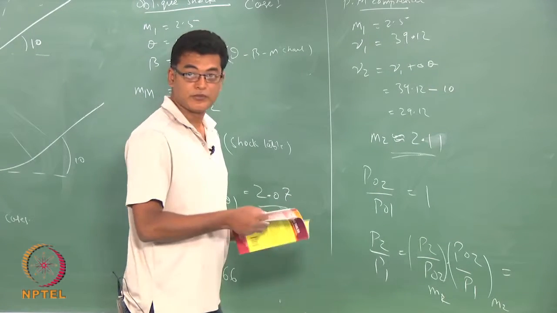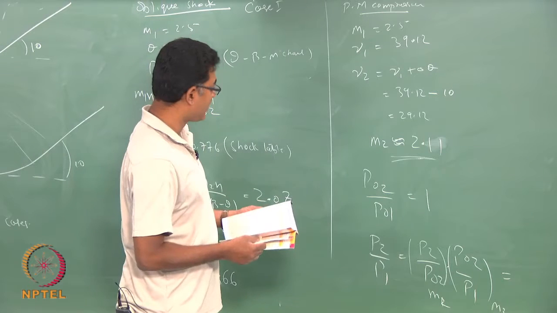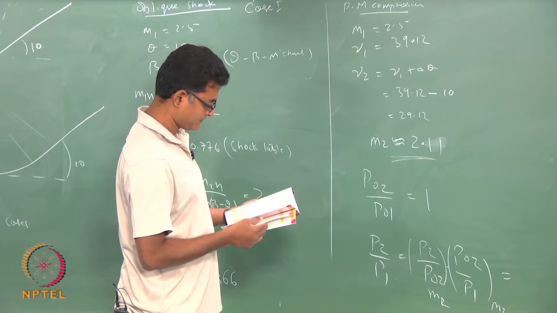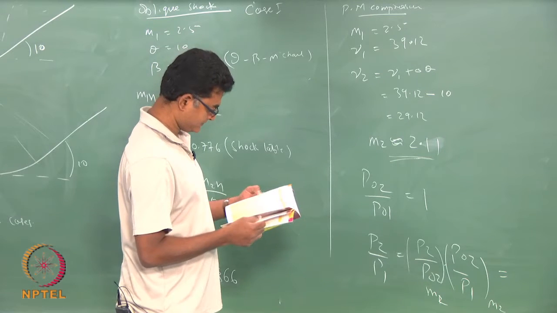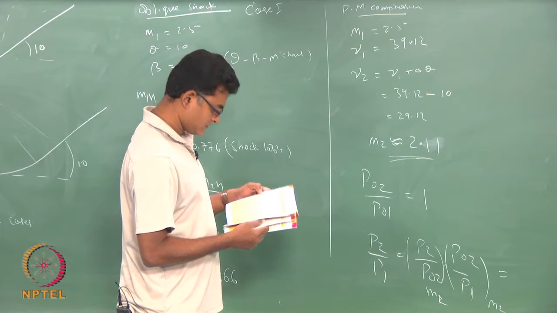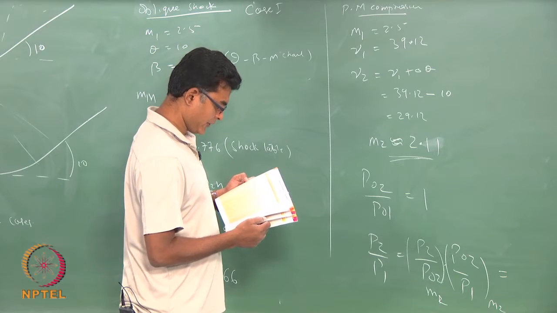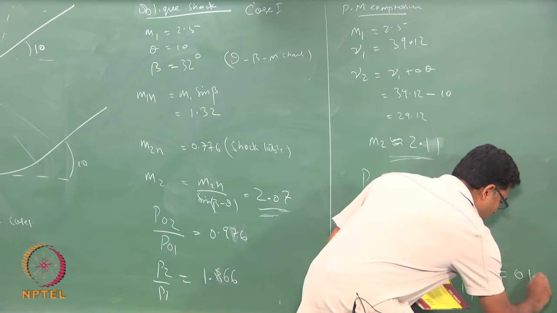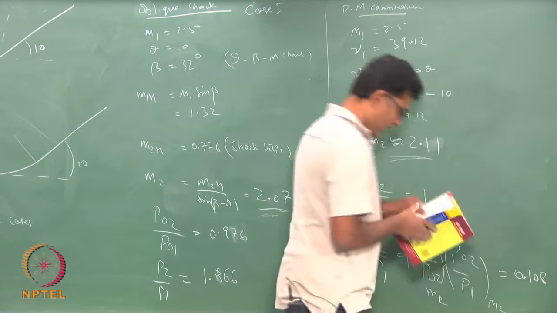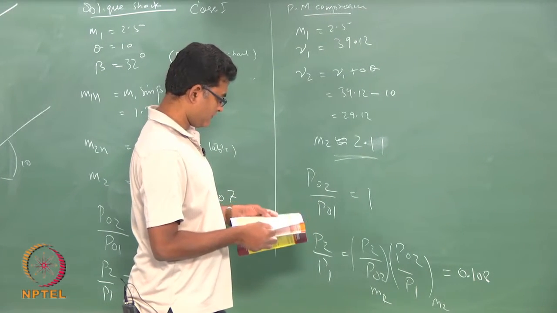Look at the isentropic tables for M2, which is 2.11. P by P0 for 2.11 is 0.108, correct.